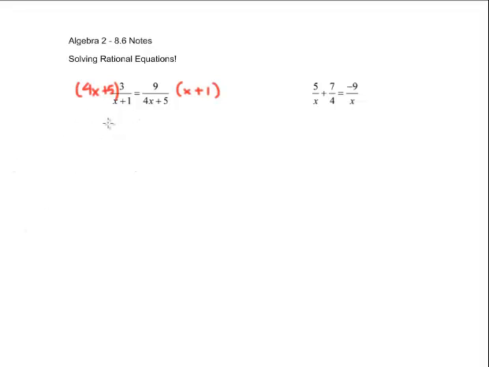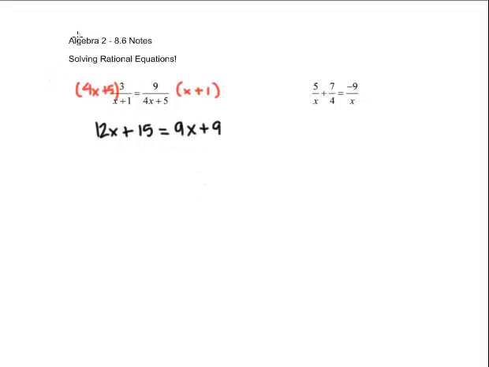What that's going to give us on the left-hand side is 12x plus 15 equals, and then on the right-hand side, 9x plus 9. So this is how it's going to look when you cross multiply. Basically you're just filling in what you don't have.